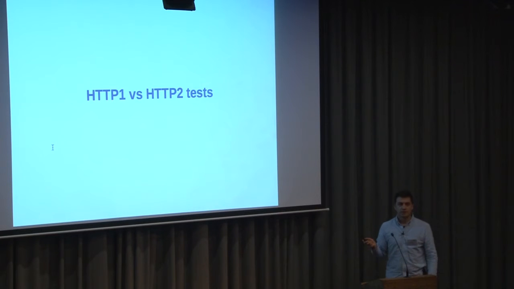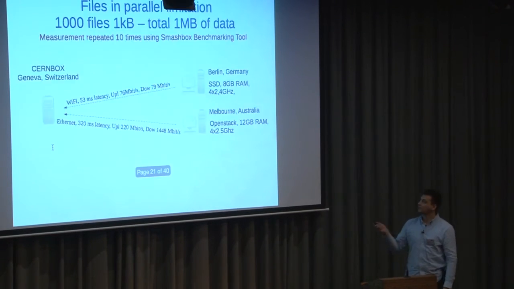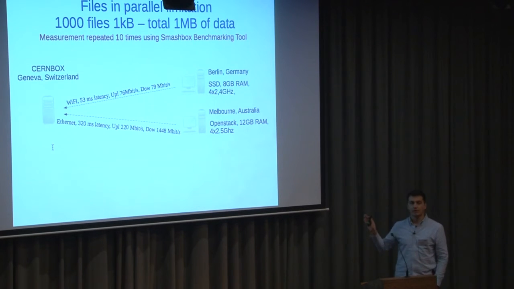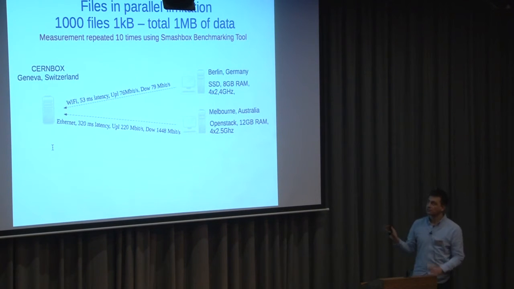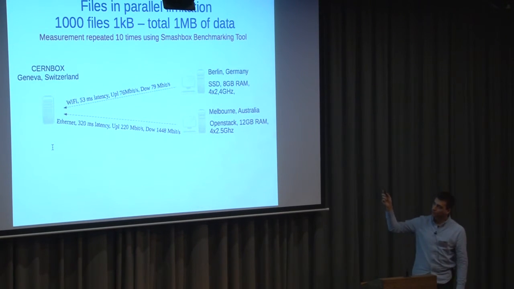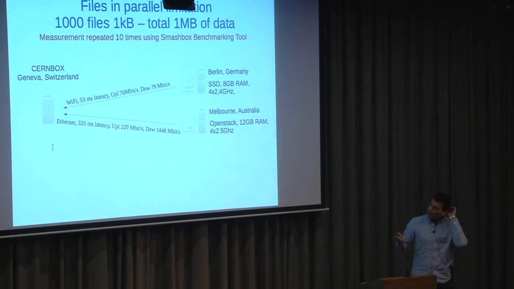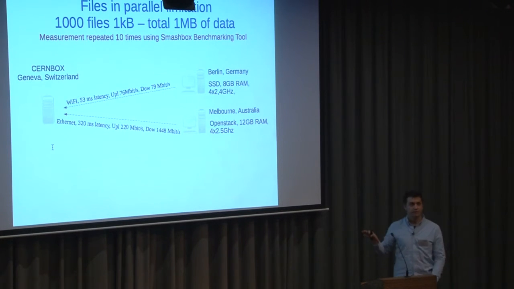I did a small test to get an insight, nothing like an isolated environment, just trying to see what the difference could be and get an understanding of how it works. I had 2 machines, one in Berlin and the other in Melbourne, Australia. I tested against a sandbox in Geneva, Switzerland. One of the networks was distant by 53 milliseconds, and it was Wi-Fi, a typical researcher or student scenario.